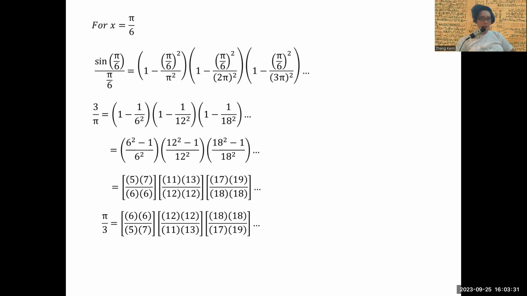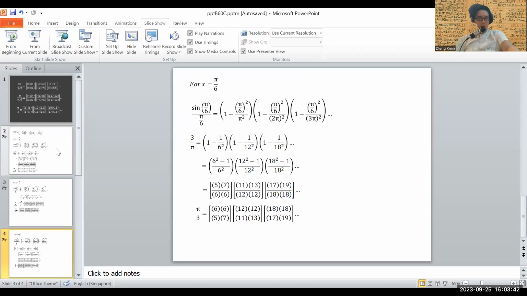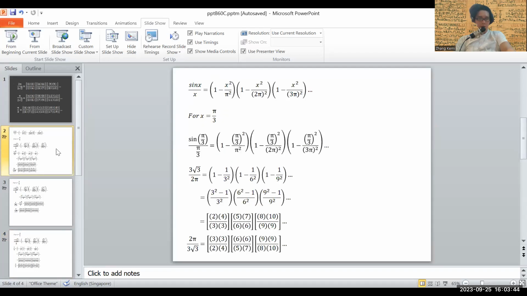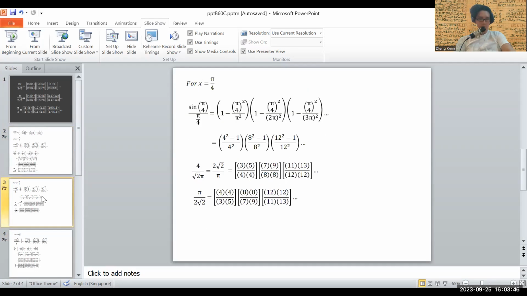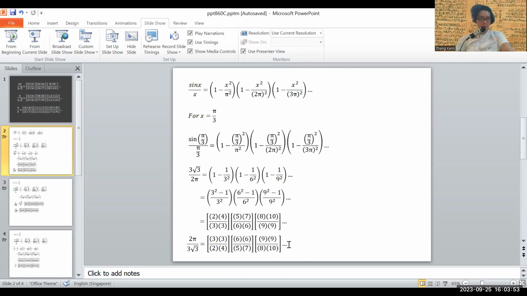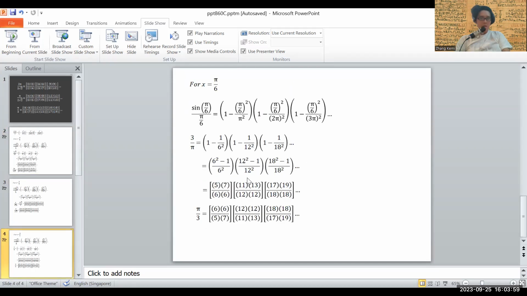These values are convergent, and they are rather beautiful. Why? Because they show multiples of 6, multiples of 4, and multiples of 3. By looking at these 3 values, we are able to derive another 3 sets of beautiful Wallis product series.